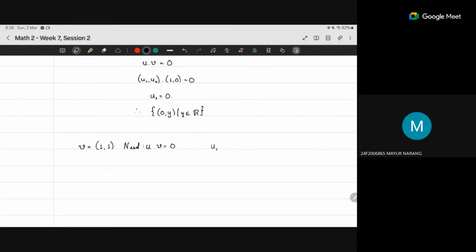I've skipped a few steps: U1, U2 dot 1, 1 is 0. Now here you need U1 plus U2 equal to 0. This is the set of all vectors of the form x, minus x. So this set contains vectors which are orthogonal to this. This is the perpendicular or orthogonal symbol.